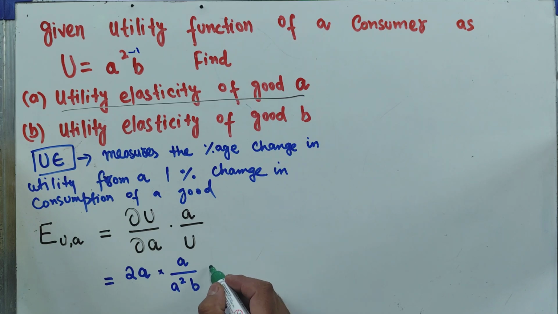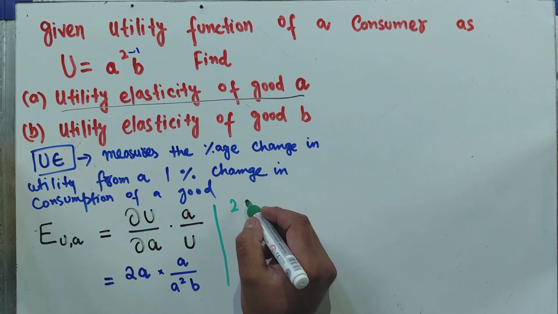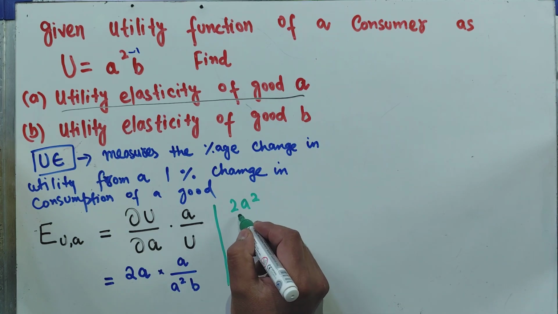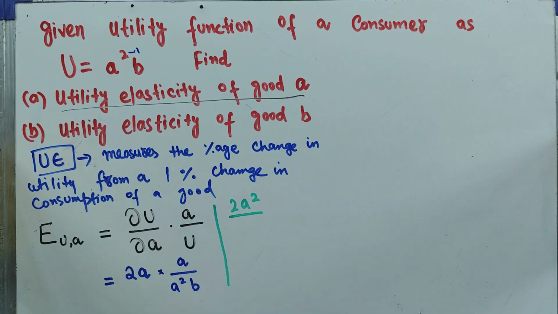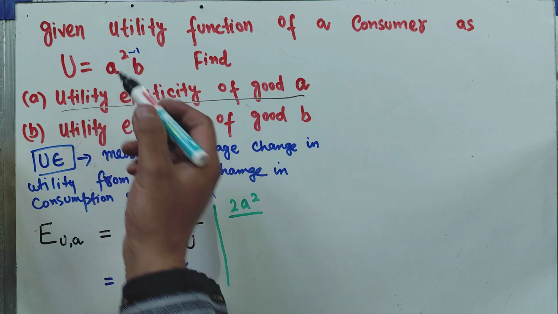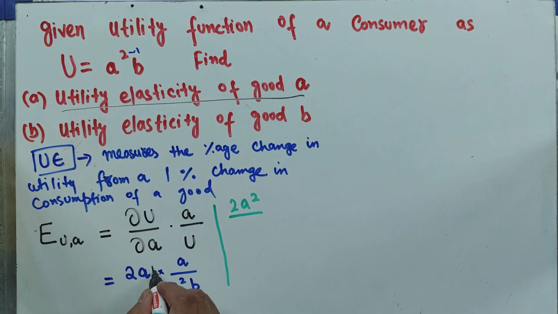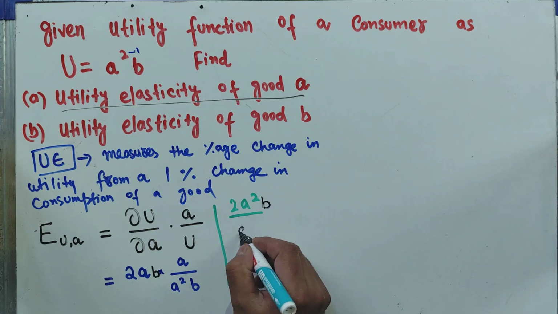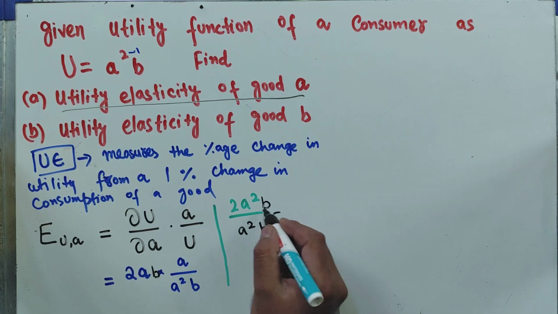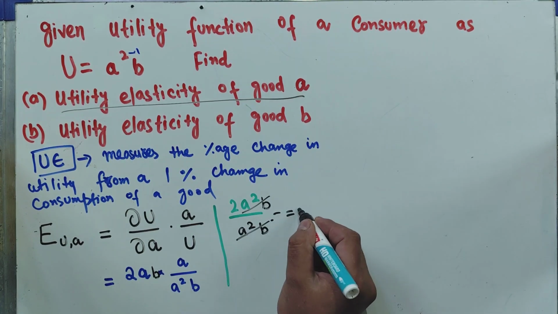Here we can do some cancellation. Since we have B also, du upon dA is 2AB, and multiplied by A gives 2A square B, divided by A square B. A square B gets cancelled, and we are left with 2.